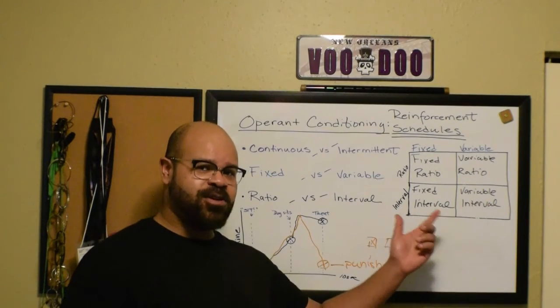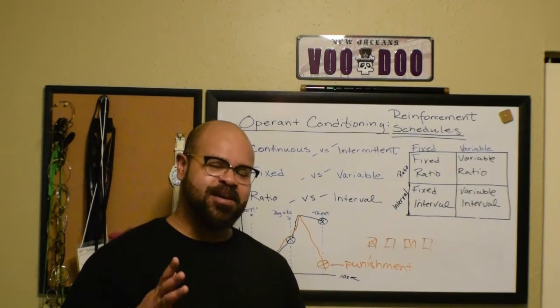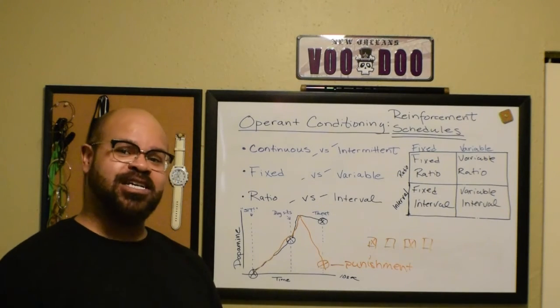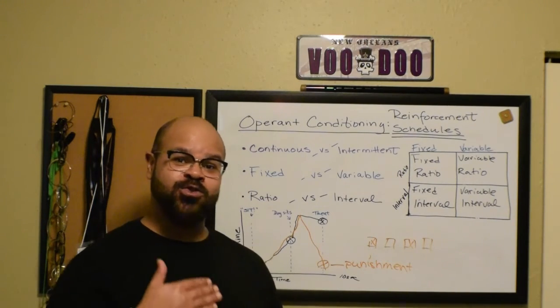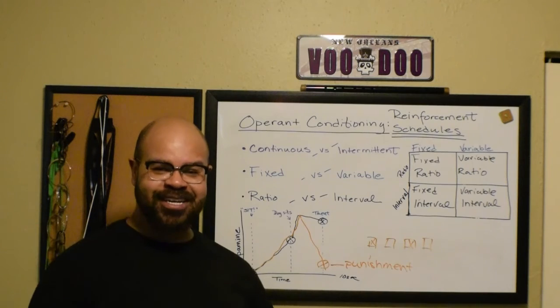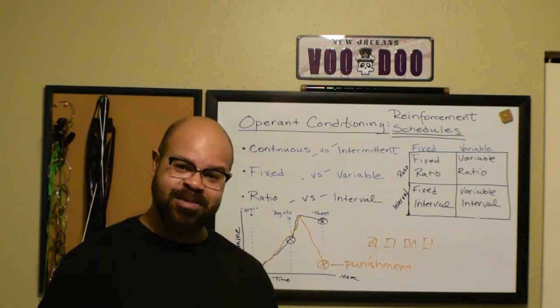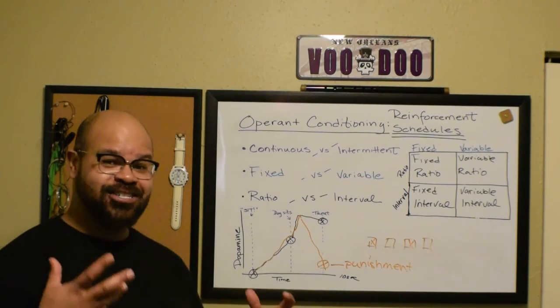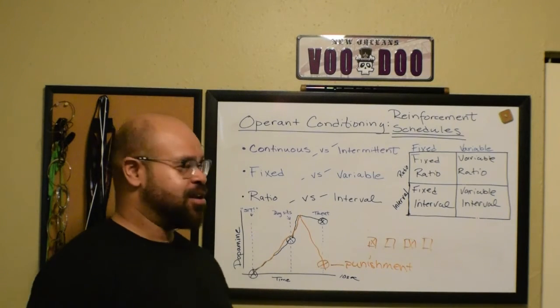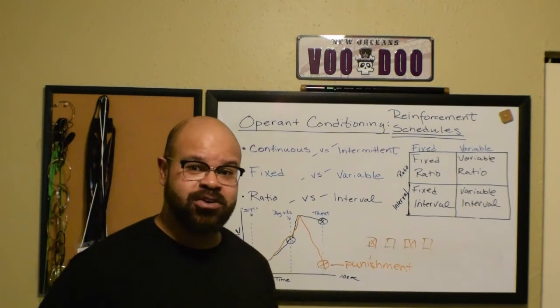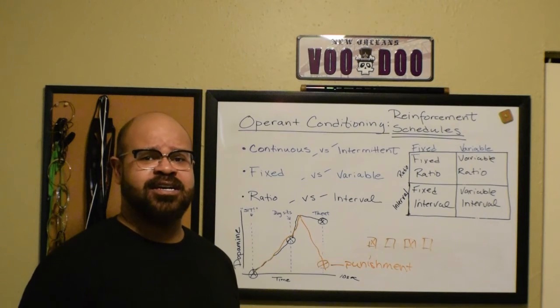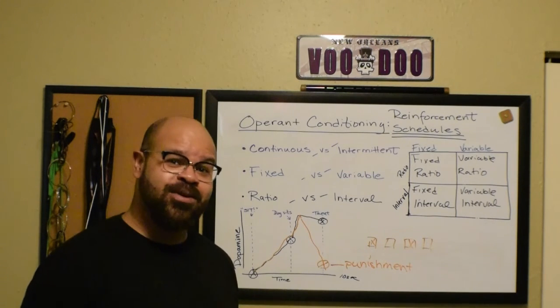So with a variable interval schedule, the kid would be most likely to just keep his room clean. He'd just be vigilant about me showing up. He doesn't know when that's going to happen, and he doesn't know how long it will be between times. So he's just going to try to keep that room clean, versus the fixed ratio schedule, where he would clean it only when he wanted money.